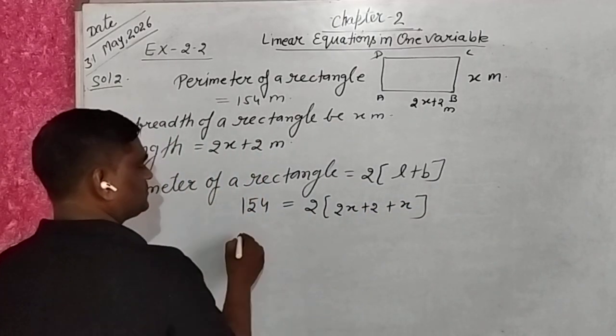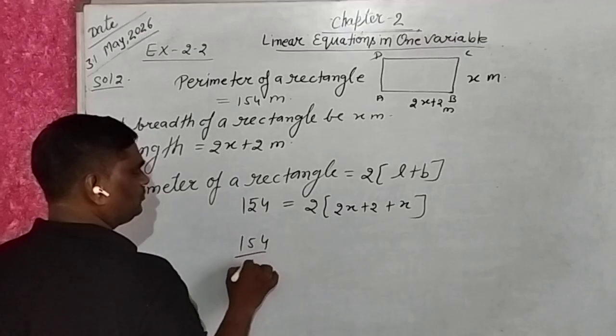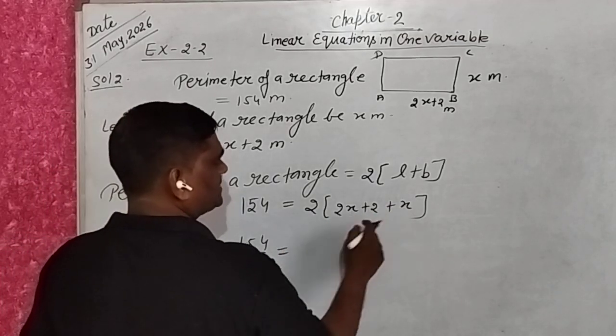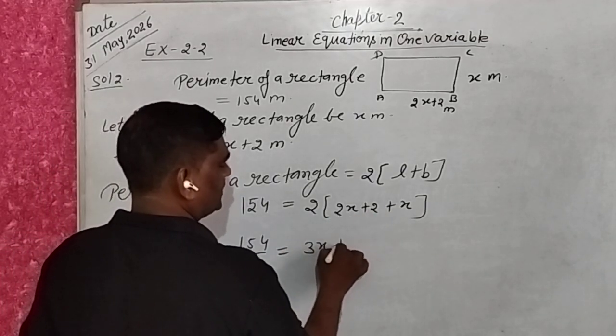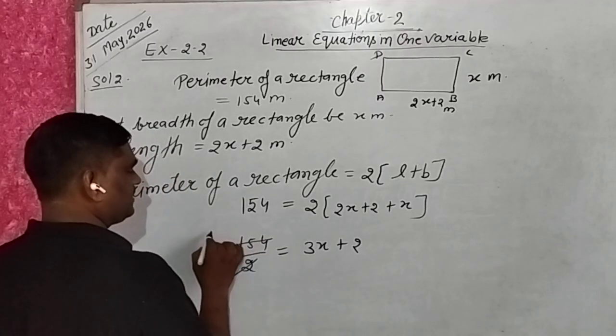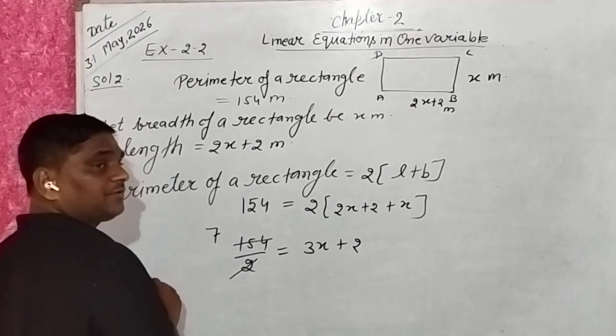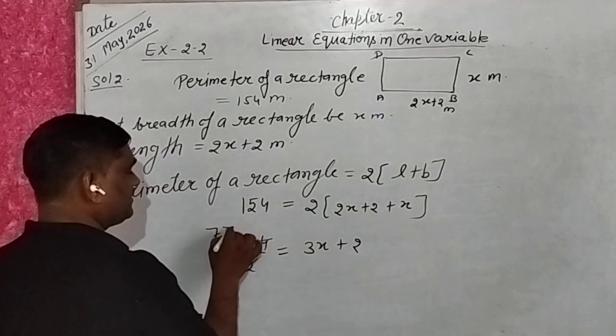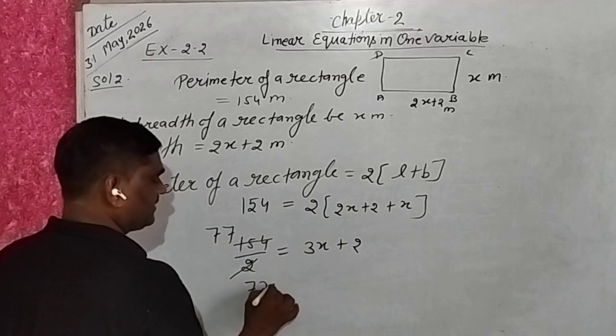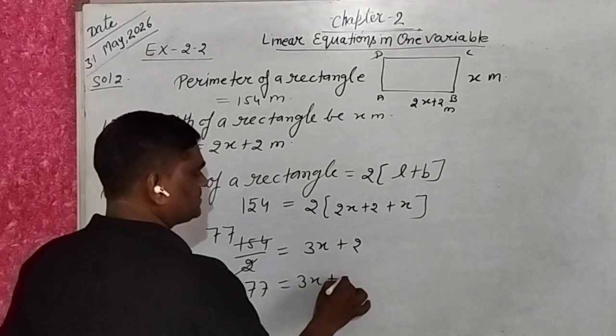To divide, first of all 154 upon 2 is equal to 2x plus x, 3x plus 2. 154 divided by 2 is 77. 77 is equal to 3x plus 2.